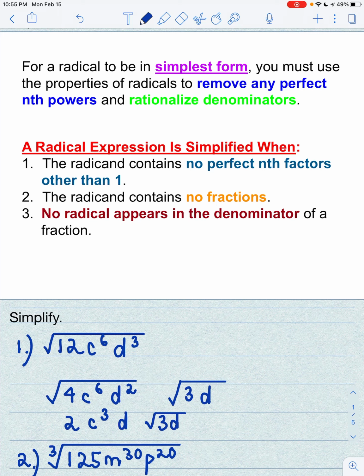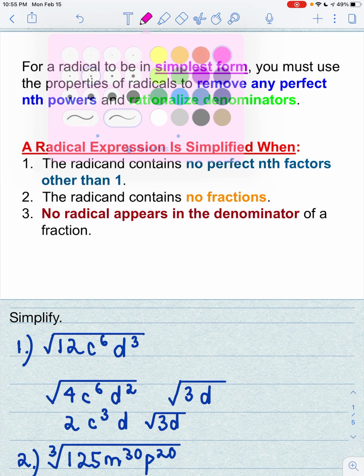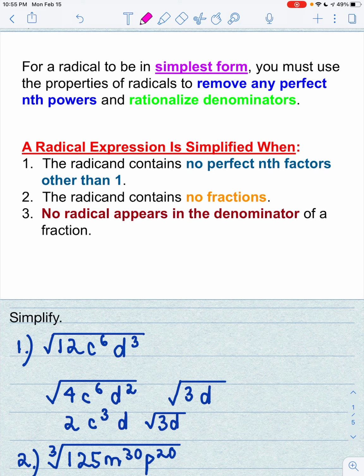I do want to point out that in the original problem, if you have a variable raised to an odd power, for this variable to be defined, it actually implies that it would have to be positive for the radicand to be defined. So for instance, in our problem, d raised to the 3rd, the assumption has to be if this radical is defined as a real number, then d has to be positive.